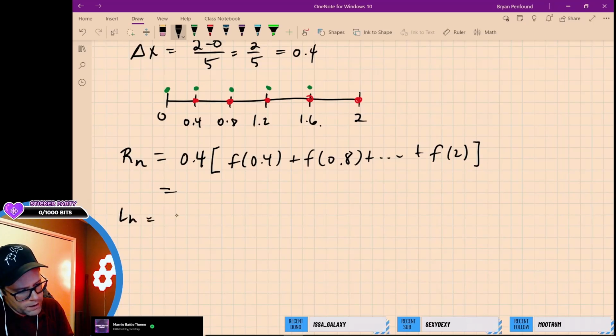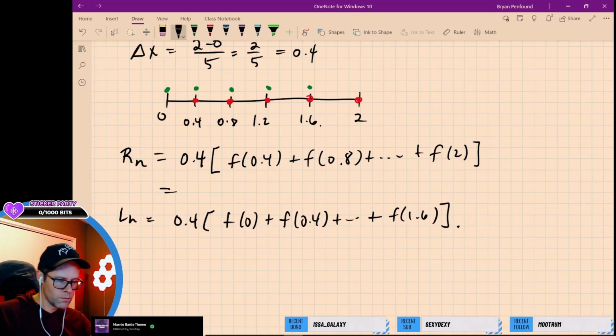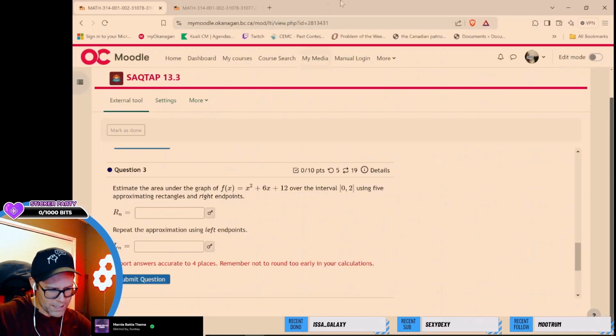And then for the left endpoints, again, we'll keep our delta x here. And we're going to start f at 0 this time, though. And then f at 0.4. And then we'll go all the way up to f at 1.8. So like I said, let's make Desmos do this for us.